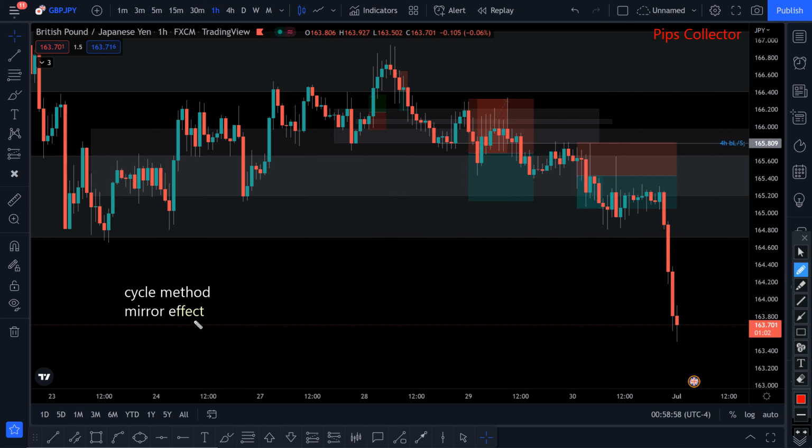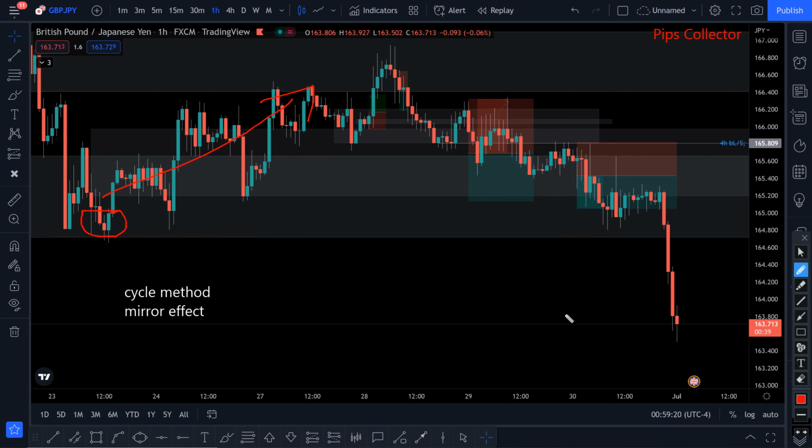The only difference is that with the cycle method, you know where you are going to. The cycle method is trying to mirror whatever price did going up, trying to come down. So you see that it's like one hand washing the other hand.